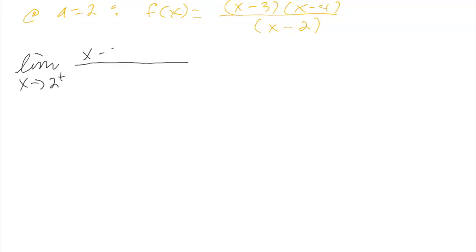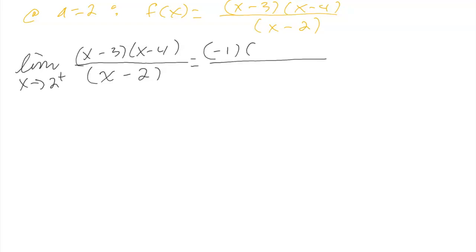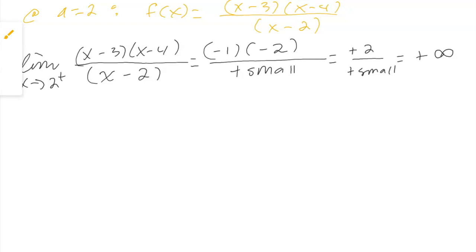When x is approaching 2, the numerator will be negative 1 multiplied by negative 2, all divided by, remember, x is approaching 2 from the right, so it's a little bit bigger than 2, and x minus 2 is going to be a positive small number. So this will be positive 2 divided by a positive small number, which would be positive infinity, as part B was saying. So this is an example of part B.